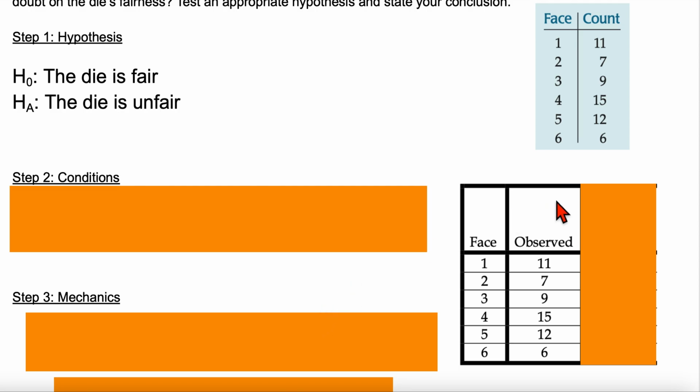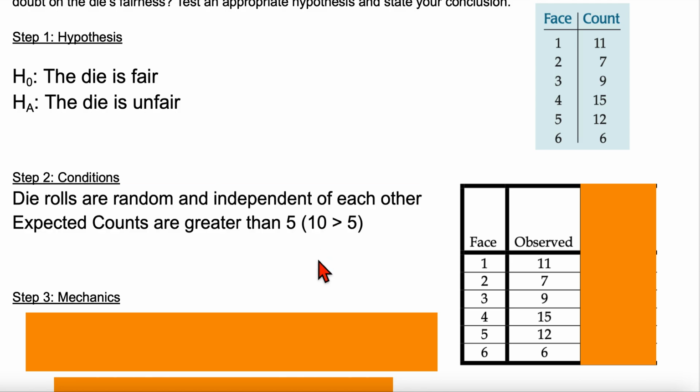And if we roll a die 60 times, assuming that the die is fair, which was our null hypothesis, we'd expect each side of that 6-sided die to come up about 10 times. 60 divided by 6 is 10. So that's what's called our expected counts. So our 2 conditions are randomness and expected counts.